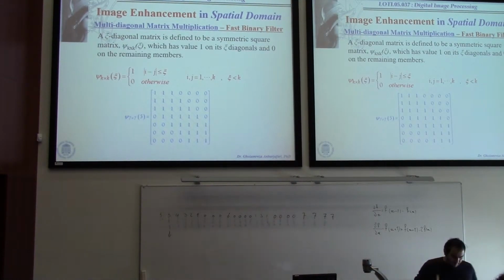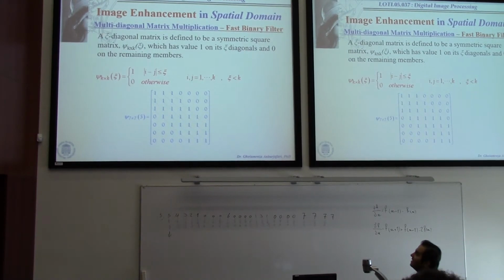Another method that we can use for edges is a fast binary filter. Actually, a xi-diagonal matrix is defined to be a symmetric square matrix, k by k, which has value 1 on its xi diagonals and 0 on the remaining members.